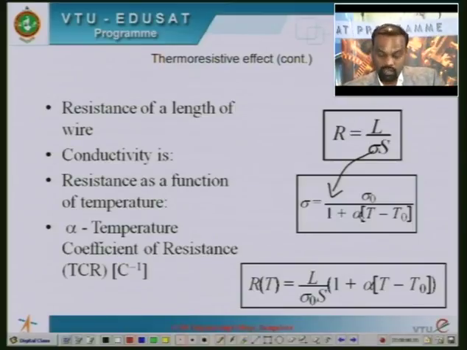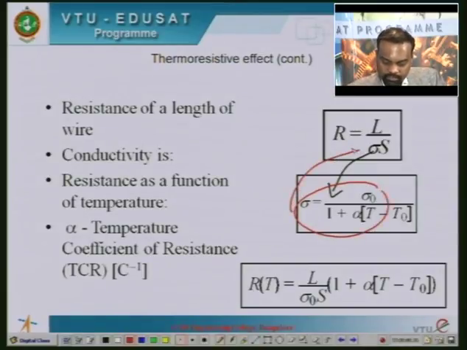Now substituting this formula back into the equation, the resistance of the device is L by sigma naught S into 1 plus alpha into T minus T naught.